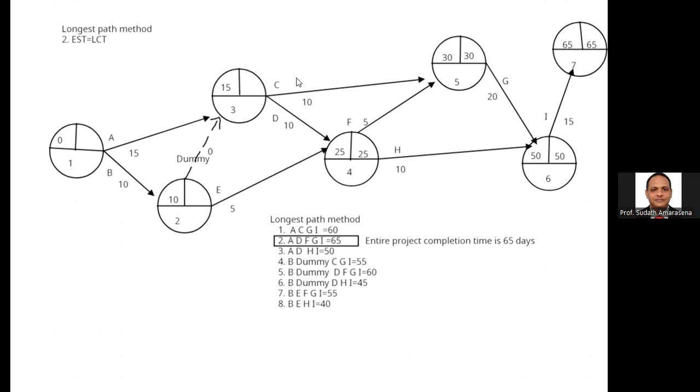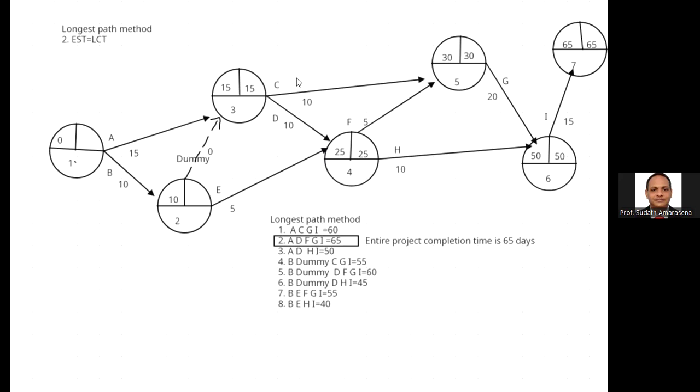Then if you calculate event number 3: 30 minus 10 is 20, 25 minus 10 is 15, and 15 is the least value. So event number 3 is 15. Then event number 2, we need to calculate the values via the dummy as well: 15 minus 0 is 15, 25 minus 5 is 20.